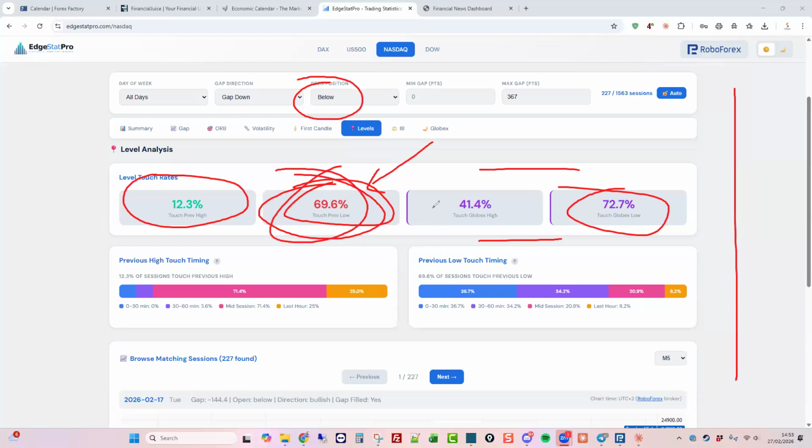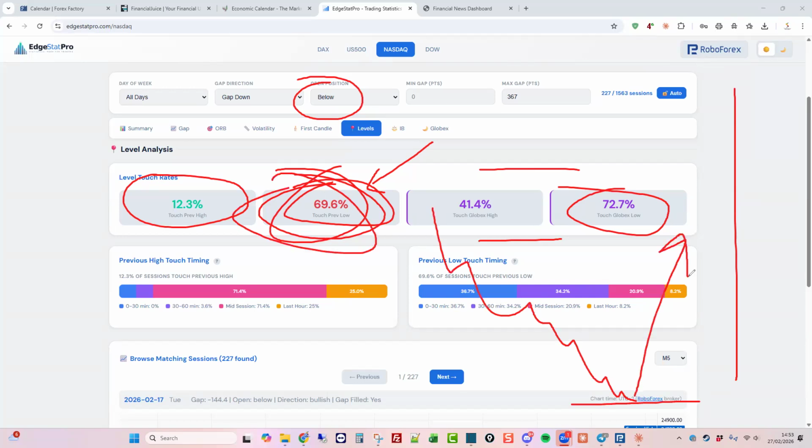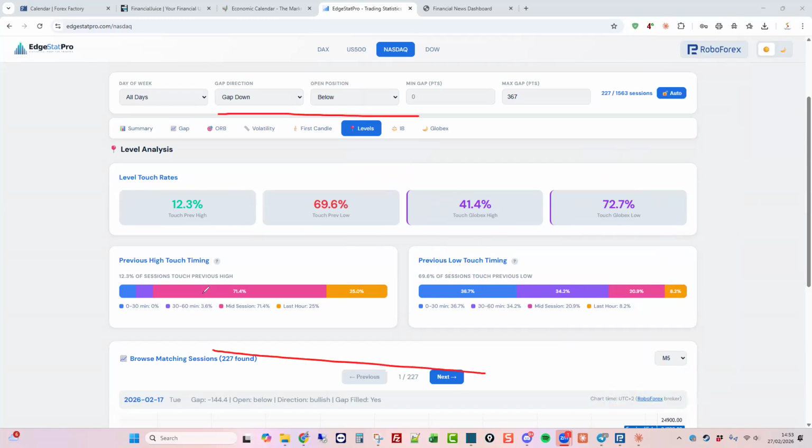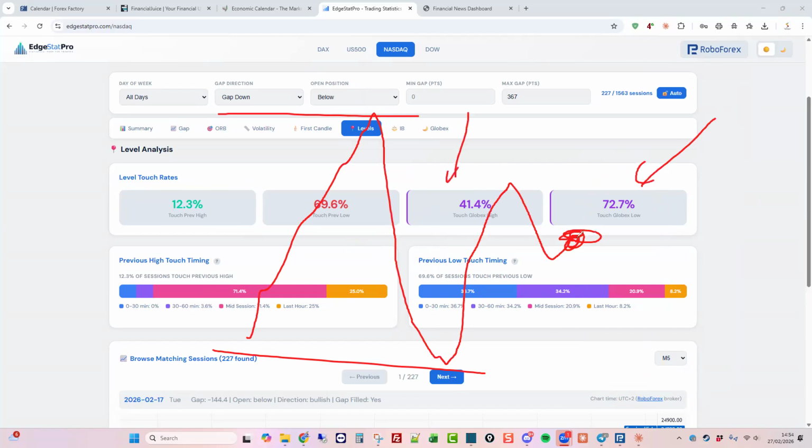But this, if you've on the Globex gone way below the previous low from yesterday's session, that's a really good target. Globex highs and lows. If the market has during Globex done this, and this is where we open, these will be statistical probabilities for targets up and down.